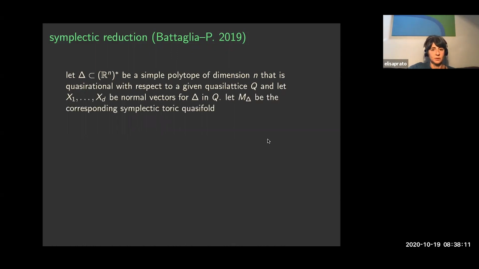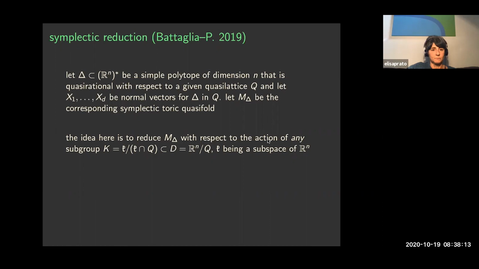We found out that if we start with a polytope that is quasi-rational and a set of normal vectors, and we consider the corresponding symplectic toric quasifolds, then we can reduce with respect to the action of any subgroup of the form K mod K intersect Q, where K is a subspace of R^n.